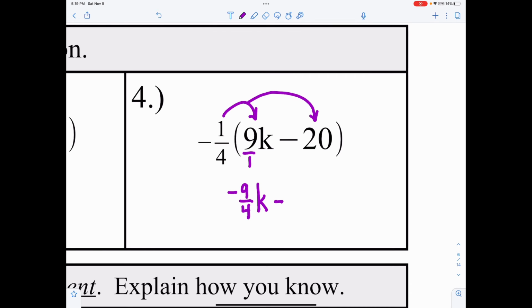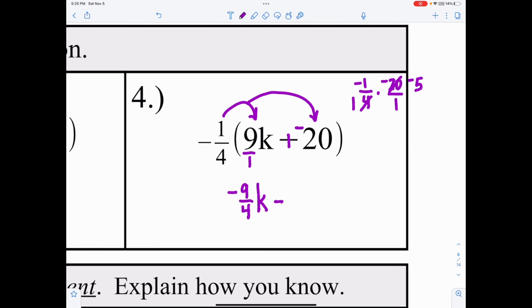Minus, and now we have, I'm going to go ahead and KFC this first. So we have adding a -20, so we have a -1/4 times a -20. So I'm going to do that work up here, times -20 over 1. We can cross simplify this. 4 divided by 4 is 1. 20 divided by 4 is going to be the 5, but it's still negative.